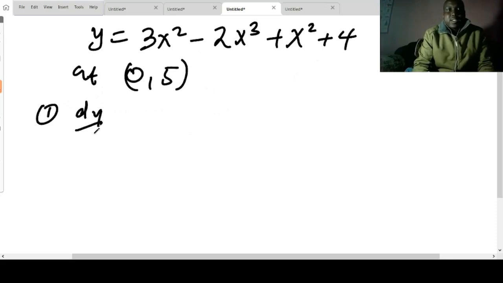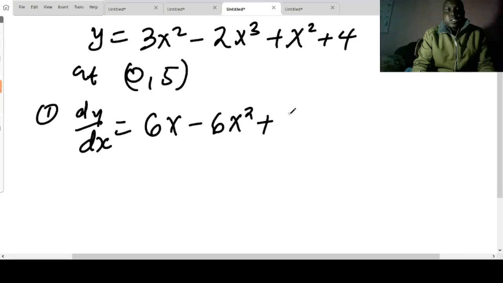What will dy over dx be? It will be 6x minus 6x squared plus 2x, and the 4 will be 0. Here I multiplied the power times this, which is 6, and remained with 1. The power 3 times 2 is 6, minus, and remained with 1.